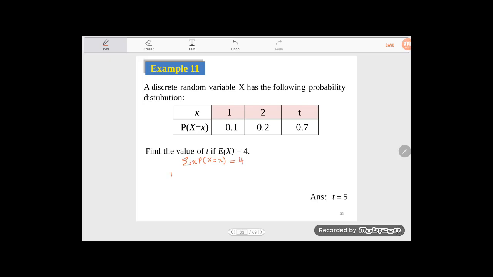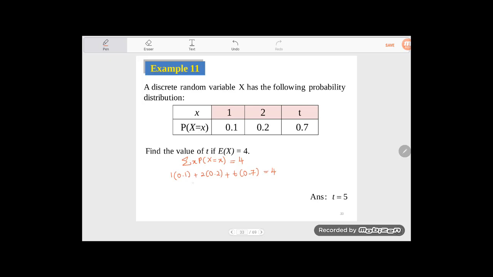Then we just need to multiply each value of x with the probability. So 1 times 0.1 plus 2 times 0.2 plus t times 0.7, and it is equal to 4.